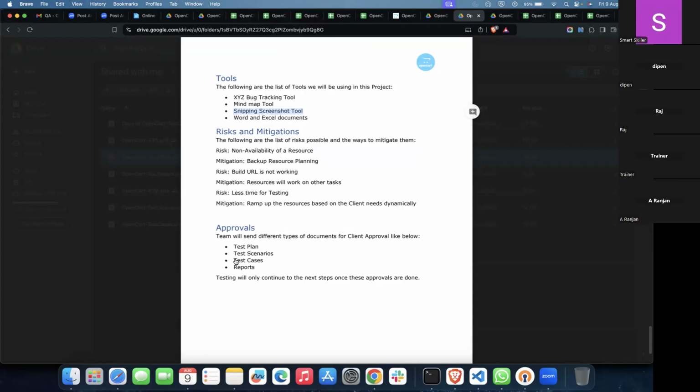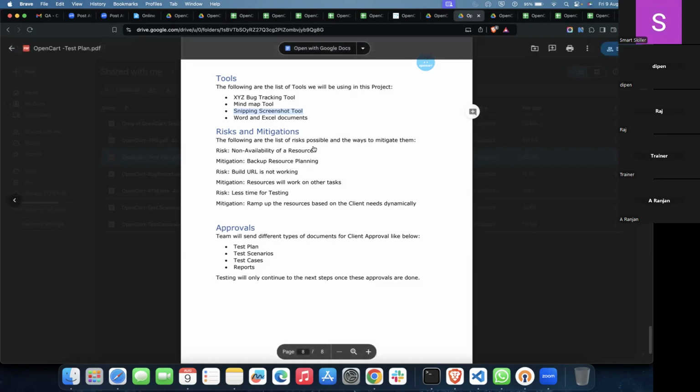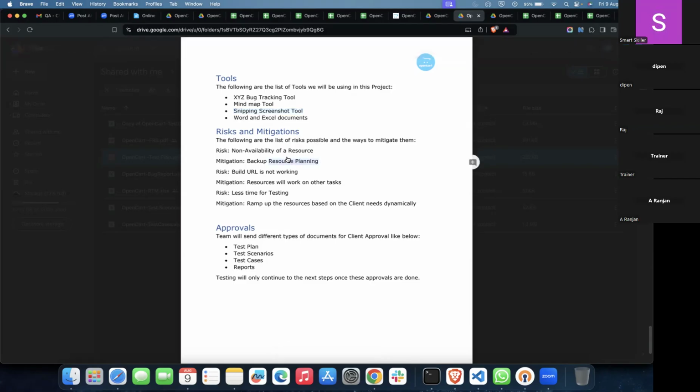Suppose you are working in a company and you have a family emergency for which you need to take a leave of 1 week. Now, the company cannot deny your leave on the ground that there is a critical release, so I can't just let you go on a vacation, because you had a family emergency and you need to go. So how exactly would they mitigate this risk?